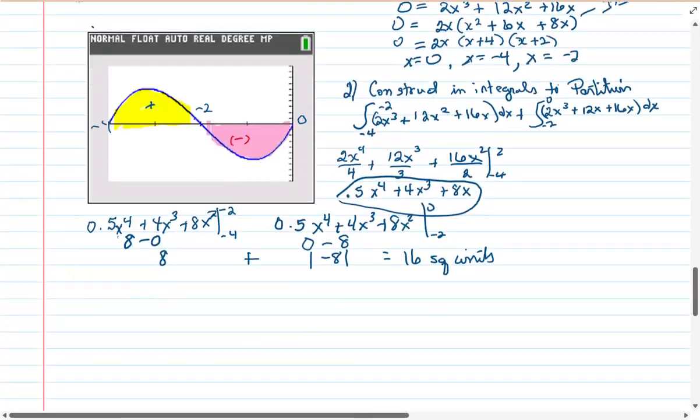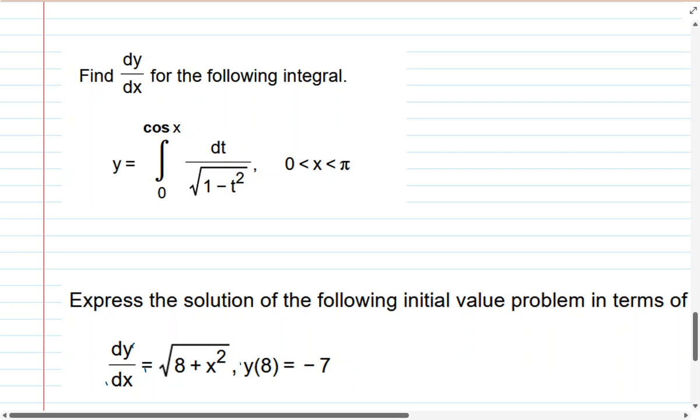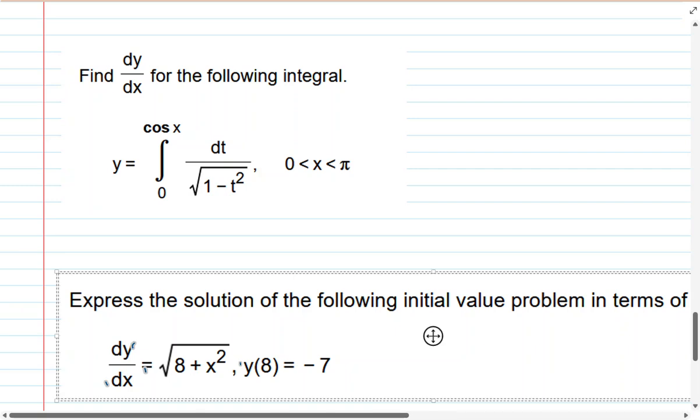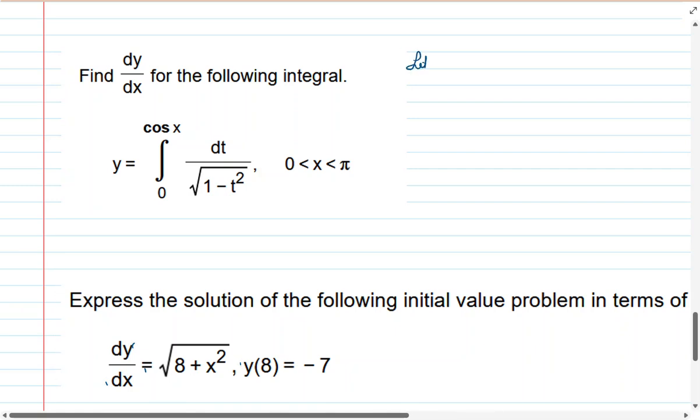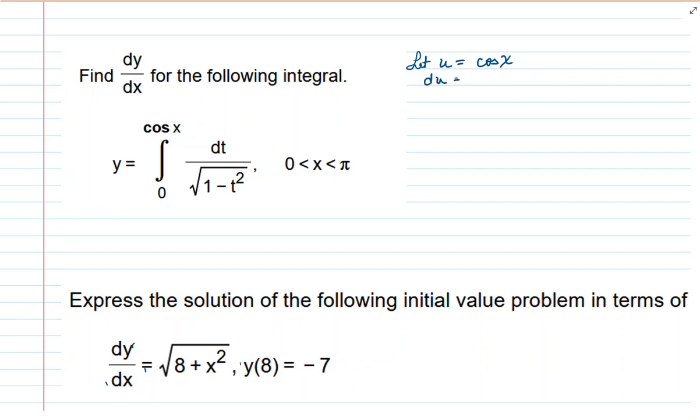So I come back down here and I'm going to say, let u equal cosine x. And then du is equal to negative sine x.